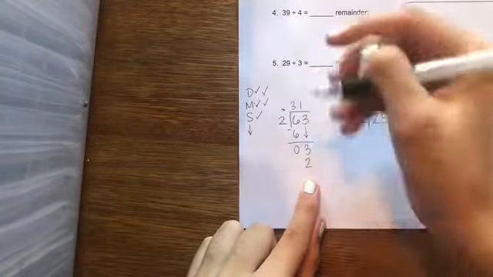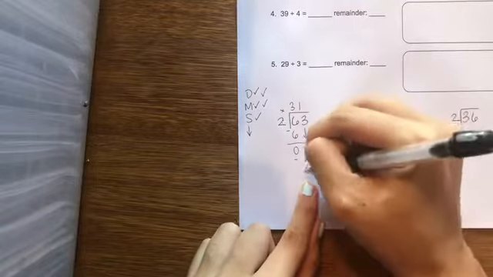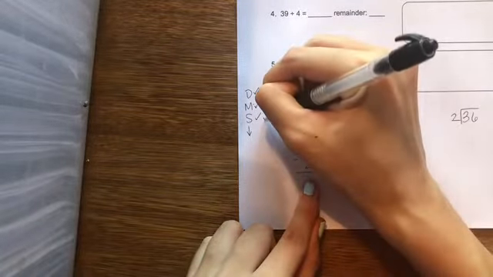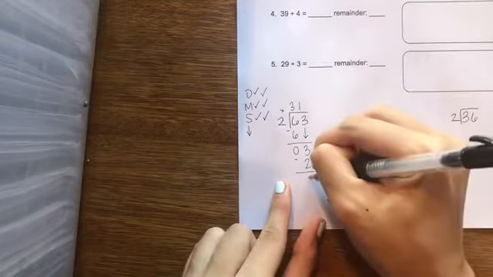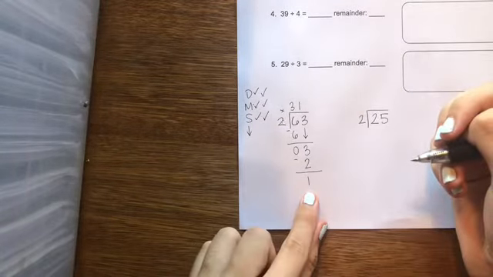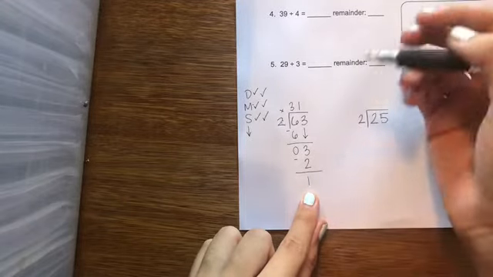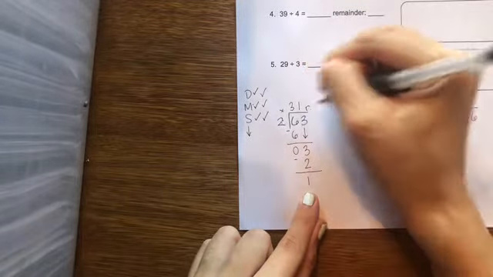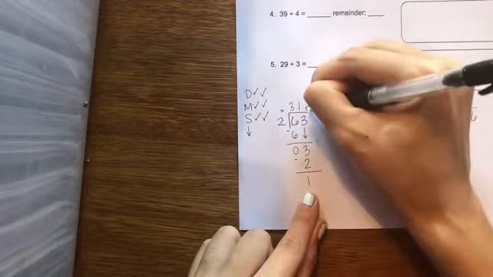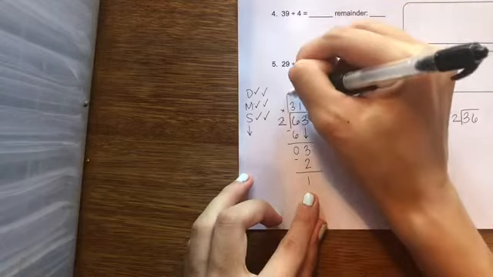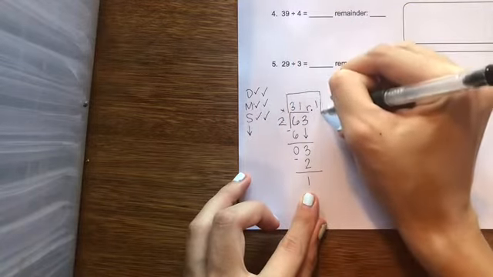And then we're going to subtract. 3 minus 2 is 1. Okay. Can 2 go into 1? Nope. So that probably means there's going to be a remainder of 1. So for this answer, it's 31 with a remainder of 1.